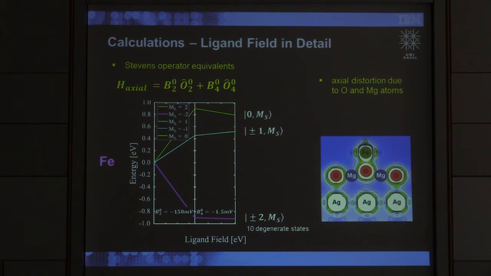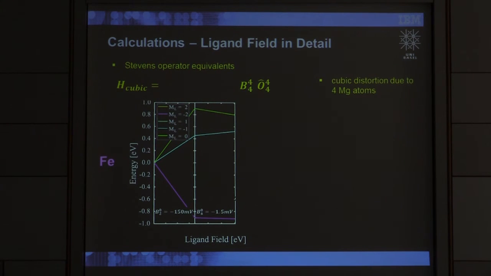Now, the next thing that we have to include is basically the cubic part due to the 4 Mg atoms around our atom. So basically, again, I'll recall, even though this is not a single electron picture, the symmetry of the multi-electron orbital is similar, so I can still use this kind of simplified d orbital picture here.